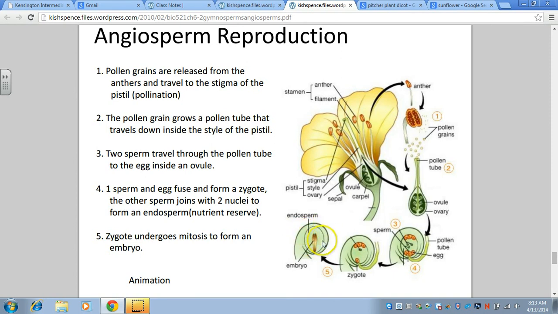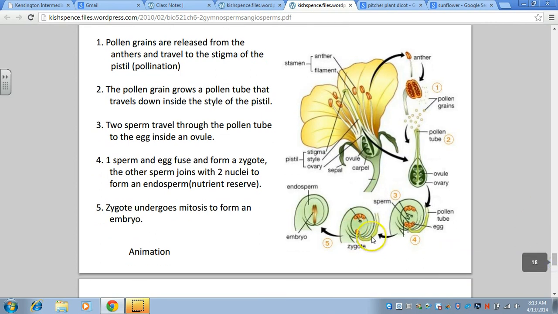So inside of a seed that forms, there'll be the embryo and the endosperm for angiosperm reproduction, or reproduction in a flowering plant. So we call it double fertilization. That zygote is going to undergo mitosis.